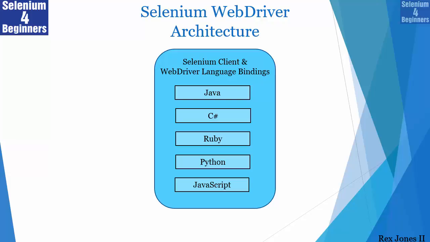Each language has their own bindings. Bindings mean the same commands written for Java are also written for C#, Ruby, Python, and JavaScript. For example, Java has a command for navigating to a page, and the other languages have a command for navigating to a page. Let's take a look at Selenium's HQ website.